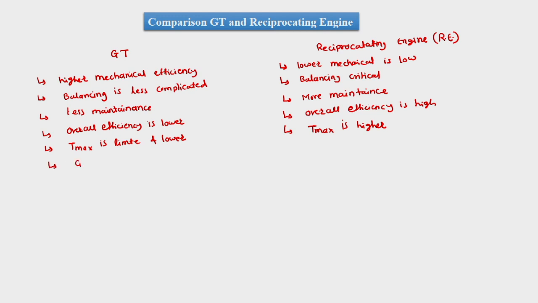But gas turbine engines have lower weight per kilowatt of power output than the reciprocating engines, and then they have higher weight per kilowatt.